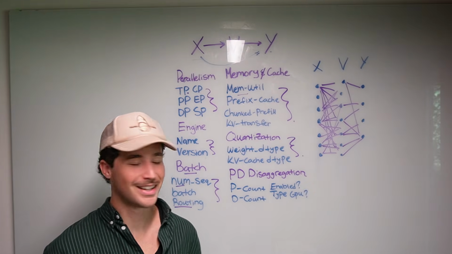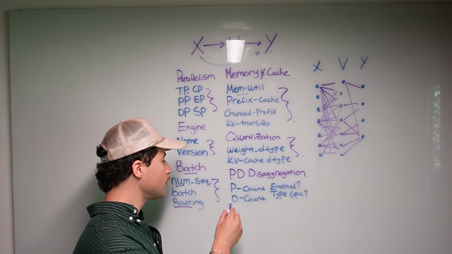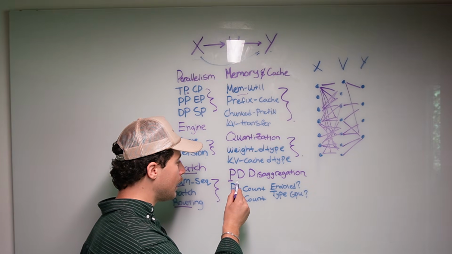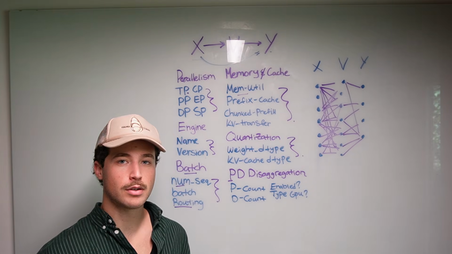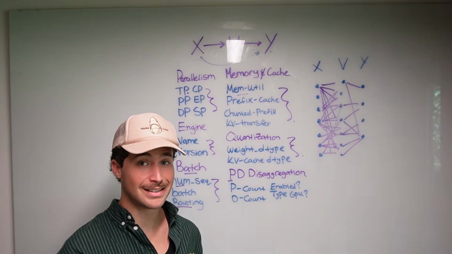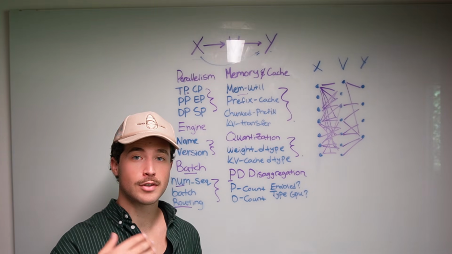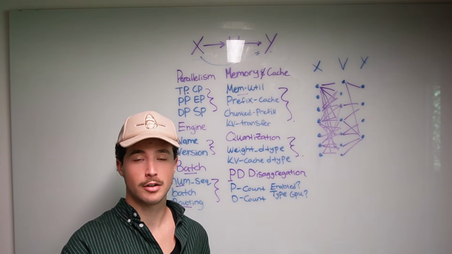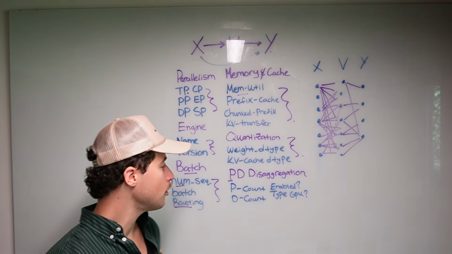That happens during prefill, and now you actually have to go and generate the response. That's decode, right? You have to autoregressively generate the output token by token.